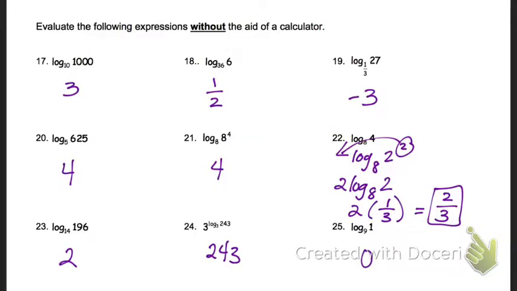So 10 to the 3rd power is 1,000. If you're going from big to small, remember it's always going to be a fraction. So if you're going from 36 to 6, it's going to be a fraction because the square root of 36 is 6.